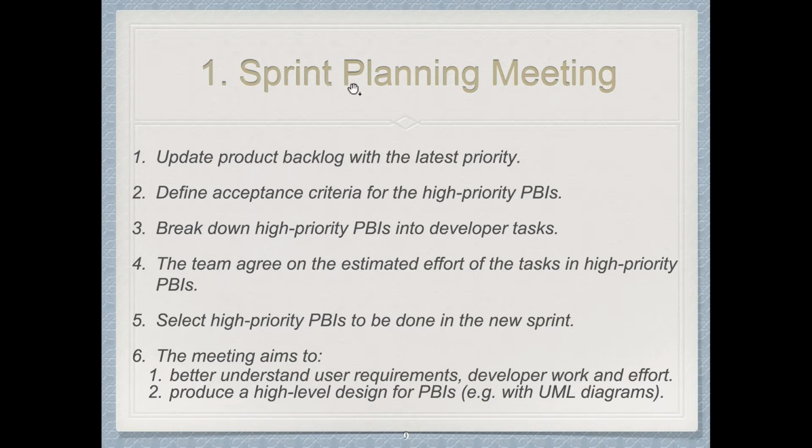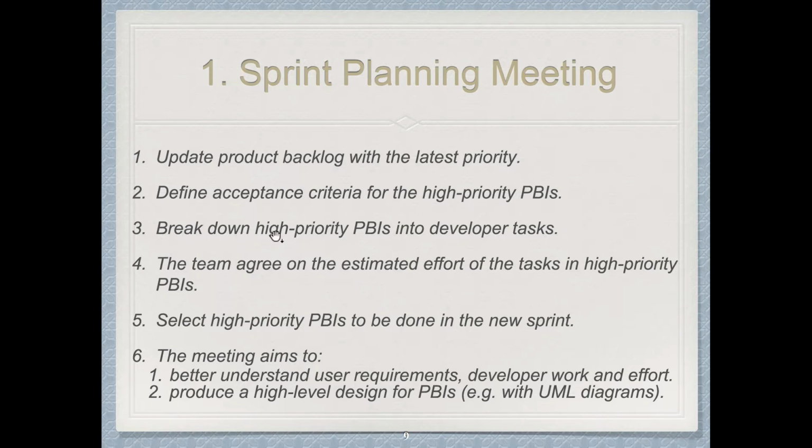Okay, so in a sprint planning meeting, we will look at the product backlog, and we have user stories there. We would possibly update the priority, and we take the high priority product backlog items and define them with acceptance criteria.